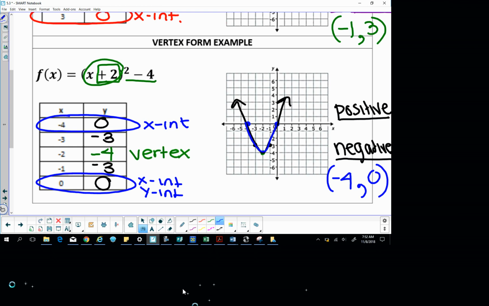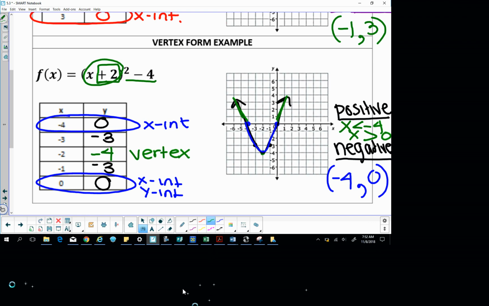It's positive when x is smaller than -4, right? Because right here, all the x's are smaller than -4, and when x is larger than 0. Does that make sense with positive and negative?